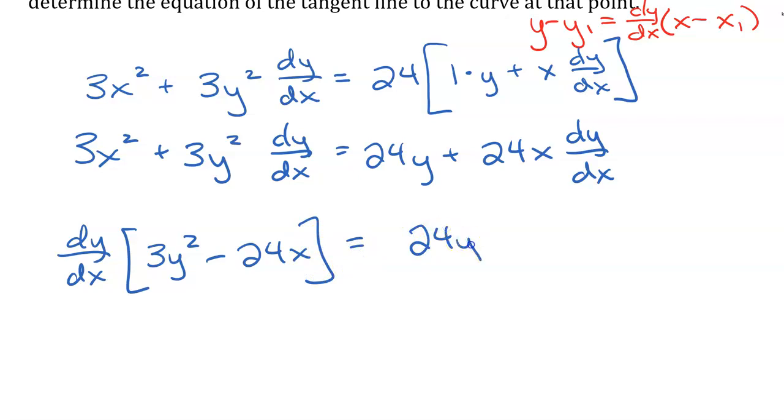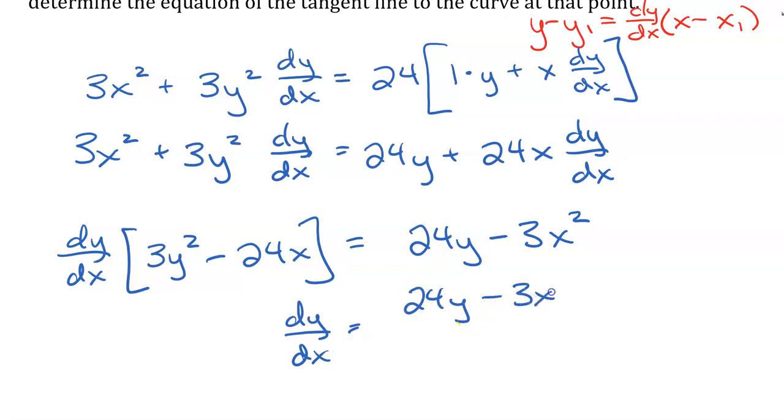And we got 24y minus 3x squared. And then we can divide. So dy/dx equals 24y minus 3x squared over 3y squared minus 24x.